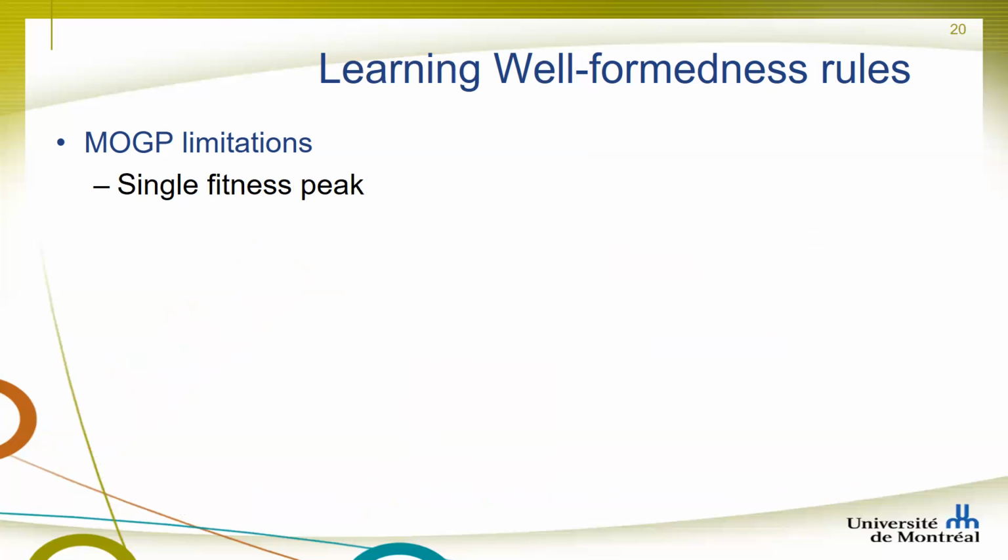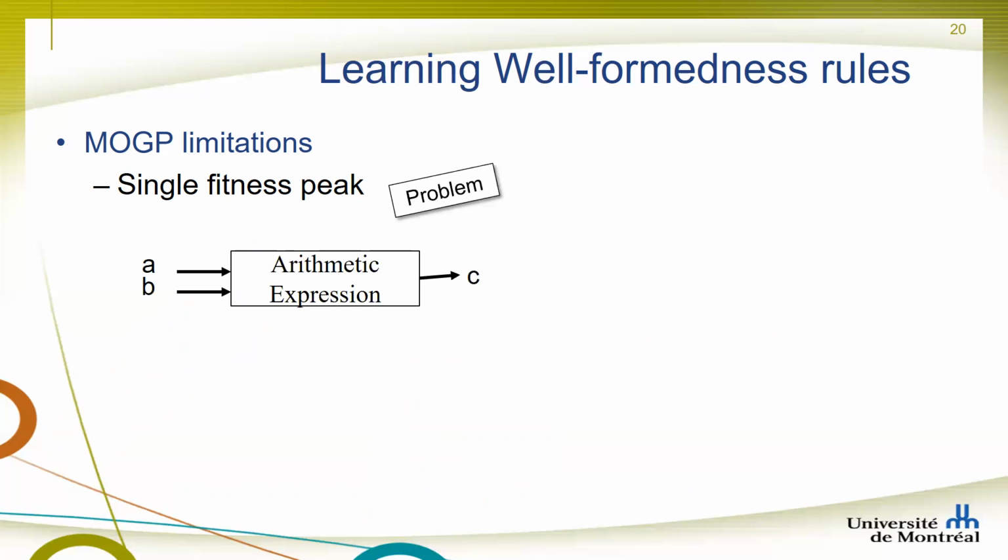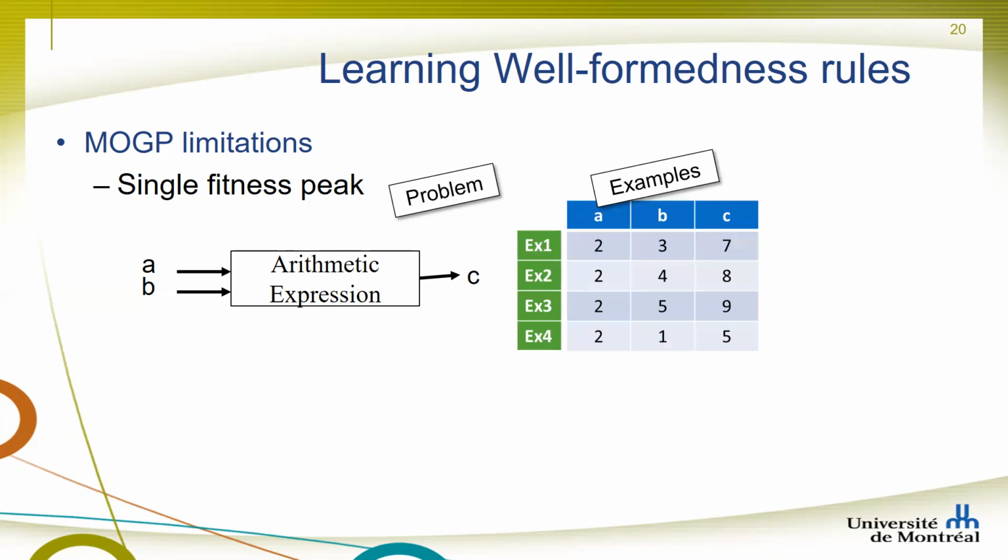Okay. A second problem that we have in general in genetic programming is what we call single fitness peak. So I will give an example to explain this situation. So suppose we want to learn an arithmetic expression that takes two inputs and produces one output. Okay, so these are simple values, and I have a set of examples.